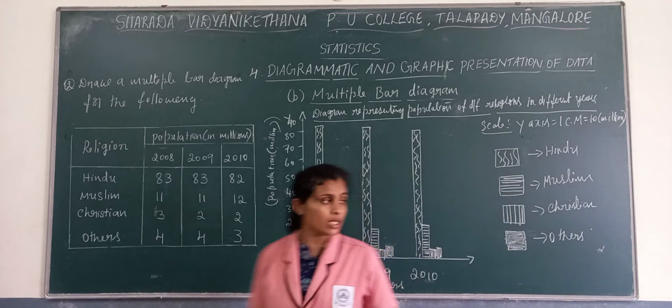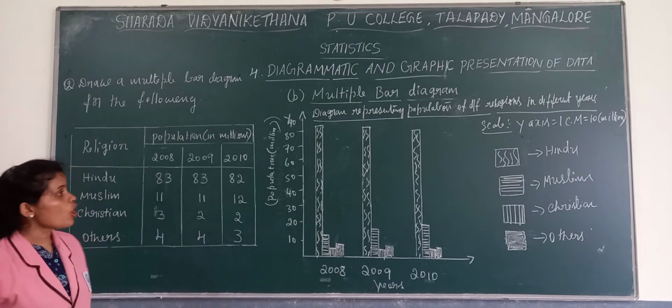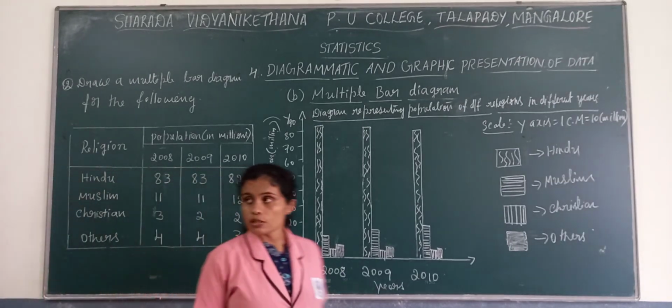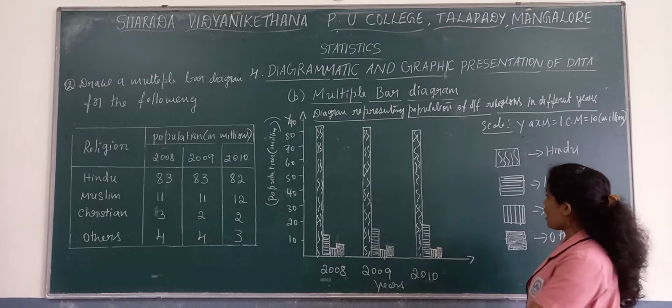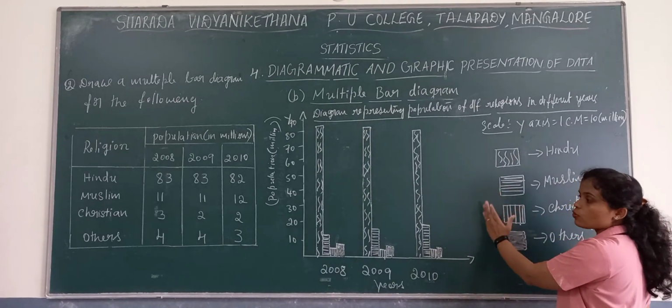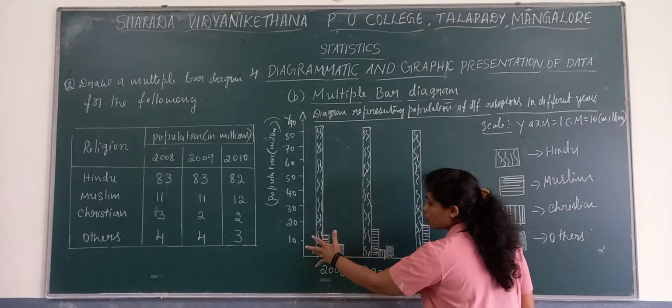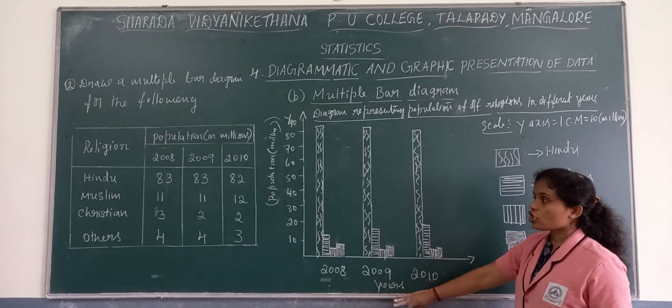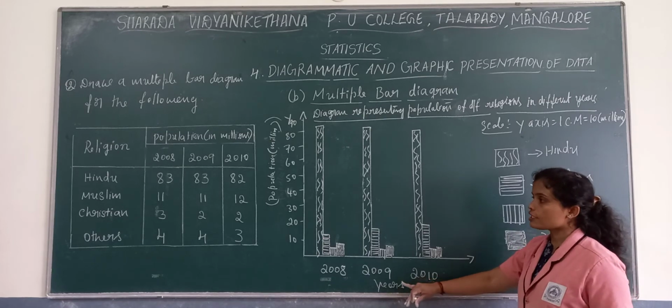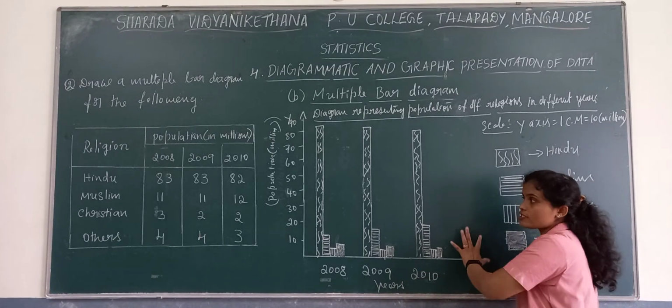So this is one more example which shows the different religions in different years. Here we have provided the index for easy reference and we have to give different shades. Here we represent the years. As I said, instead of years here we can draw Hindu, Muslim, Christian, others. Four sets will come.